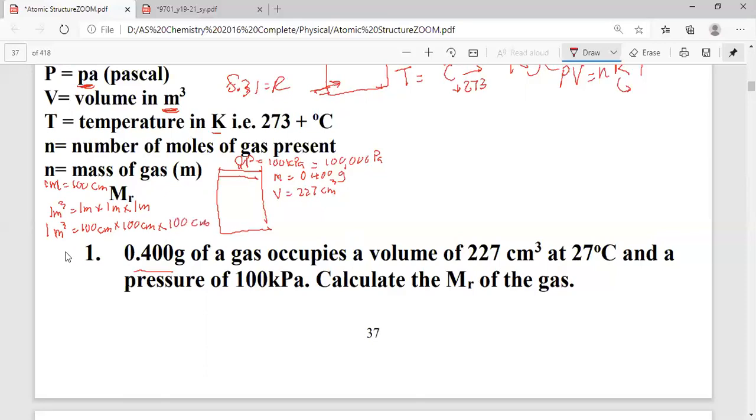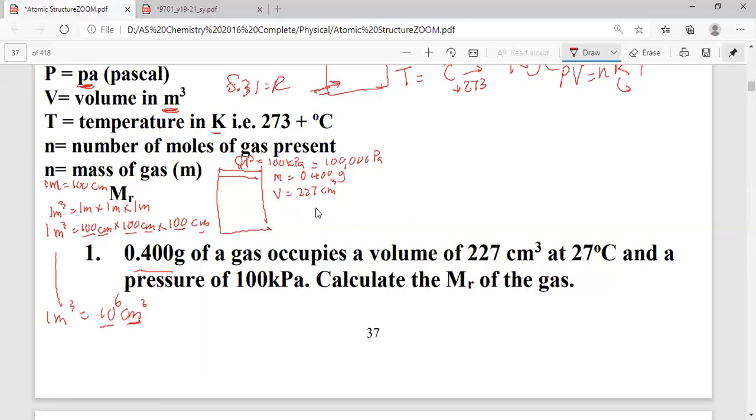That's that. 1 meter cube is equals to 10 to the power of 6 cm cube, because 100 times 100 times 100 is 10 to the power of 6. See, a conversion already. So how to change this to a meter cube?